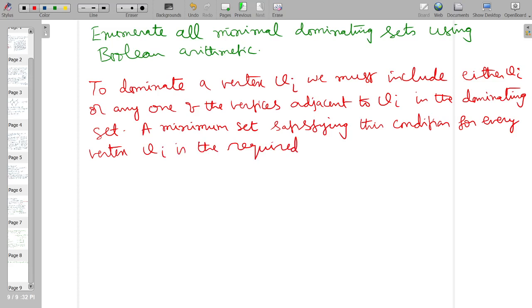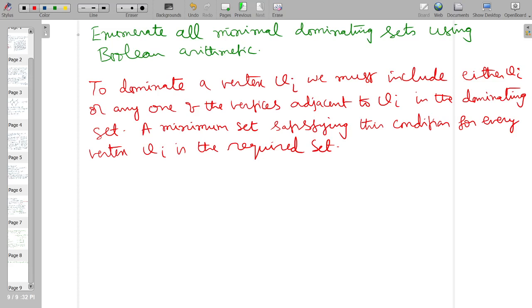So what I have to do is select the vertices in such a way that it dominates itself, or I should include any other vertex which is adjacent to that vertex. And this has to be true for all the vertices, and among them I have to select a minimum set.